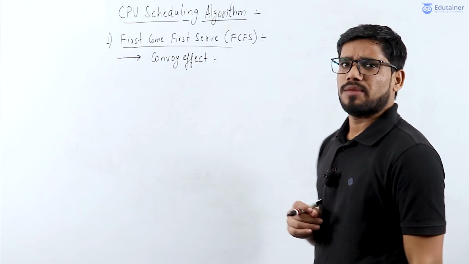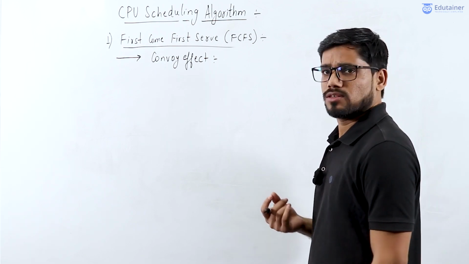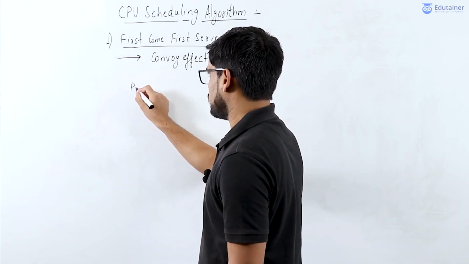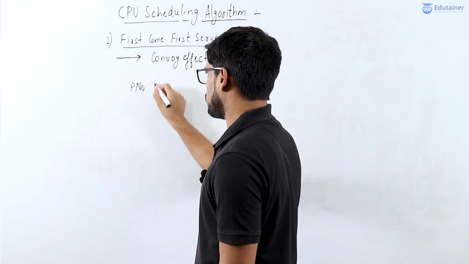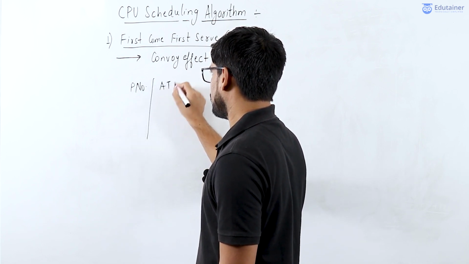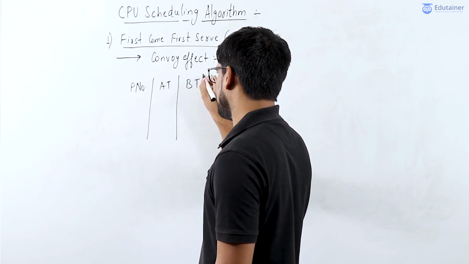Now let's take an example and try to understand what exactly the convoy effect says. Let's say we have three processes. Here I will give the process number, then their arrival time AT, and then their burst time BT.